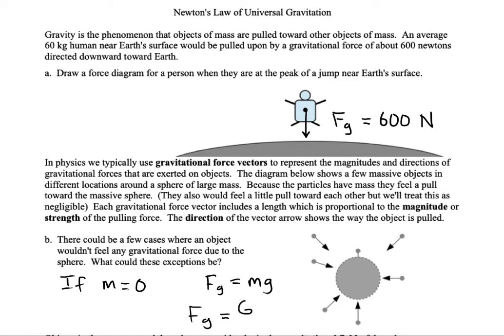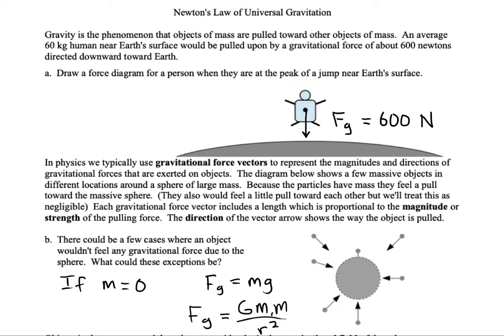This one's used more often for outer space. This is Newton's law of universal gravitation. And clearly here, if the mass were 0 as well, then the gravitational force would be 0.